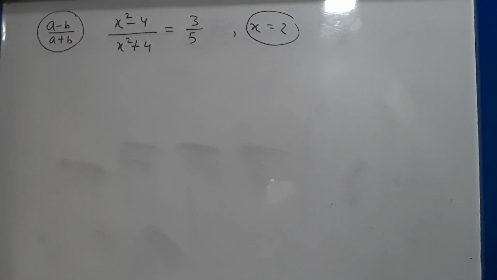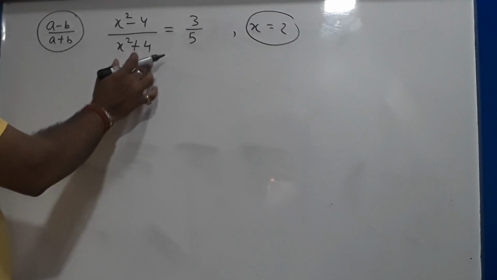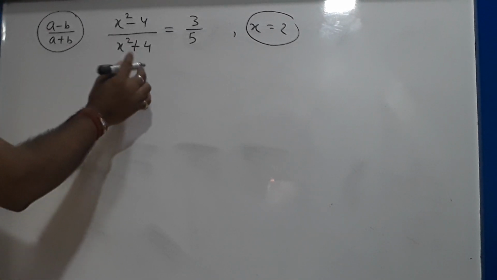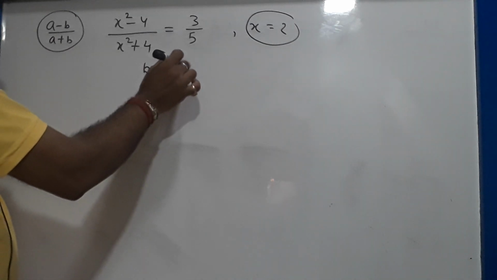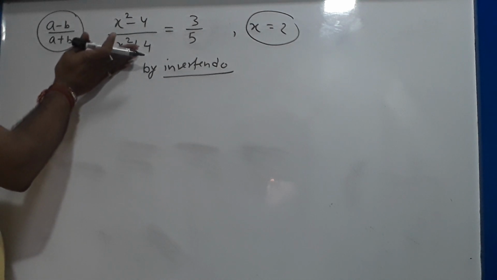So somewhere we want to apply componendo, dividendo. But before we apply componendo, dividendo, the plus sign should be in the numerator and minus in the denominator. To bring plus sign in the numerator, minus in the denominator, first we apply invertendo. By invertendo, I can take this plus sign in the numerator.